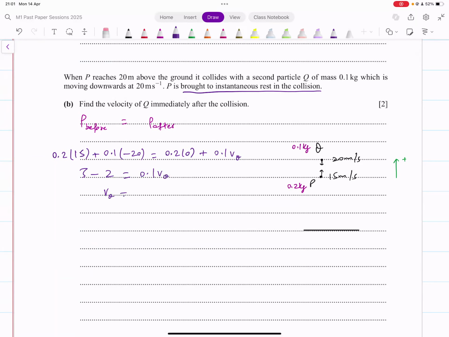And VQ turns out to be 10 meters per second from here. Is that okay? Okay, good. Let's move on. That was part B, pretty straightforward.